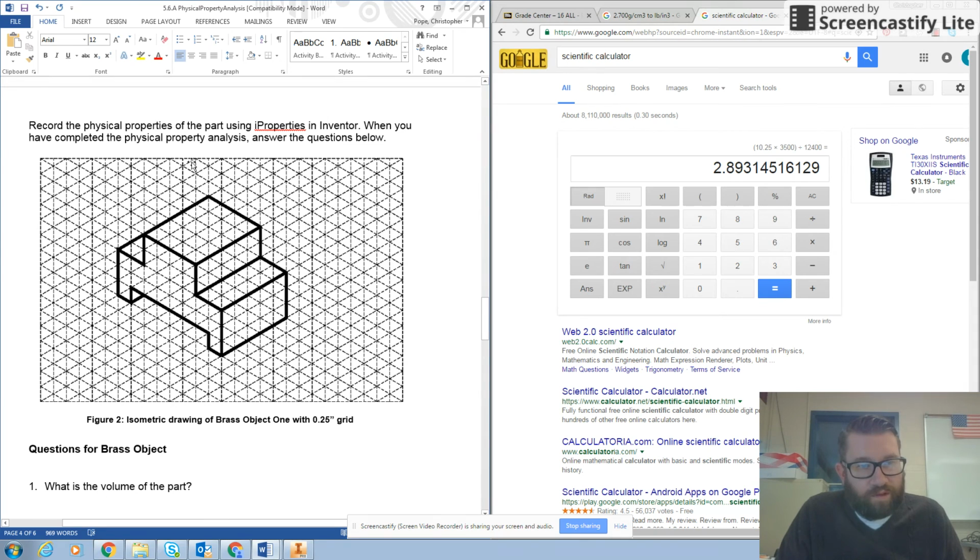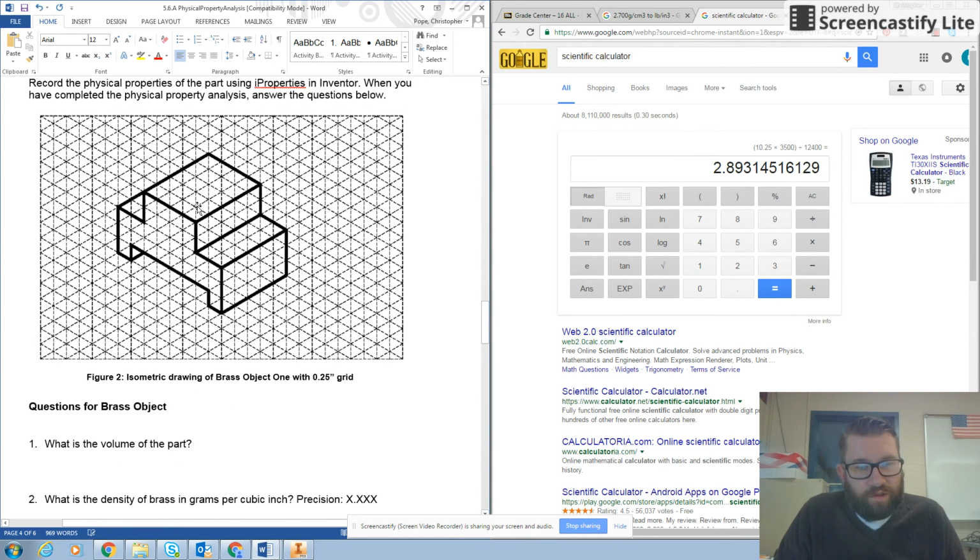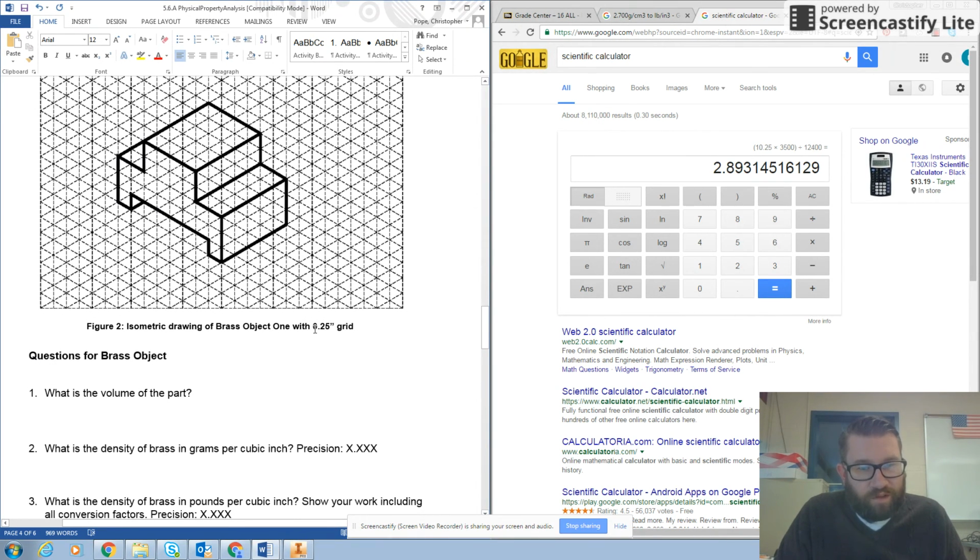Record the physical properties of the parts using iProperties in Inventor. When you have done that, answer the questions below. So again, we have our 0.25 inch grid spacing, and go ahead and create that part and turn it into brass. That's where the next part 3 screencast will pick up.